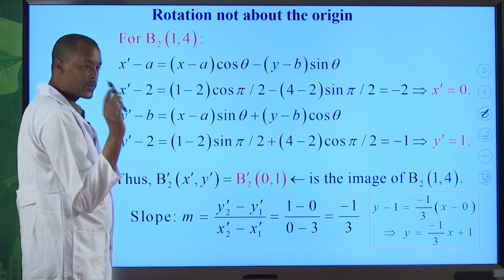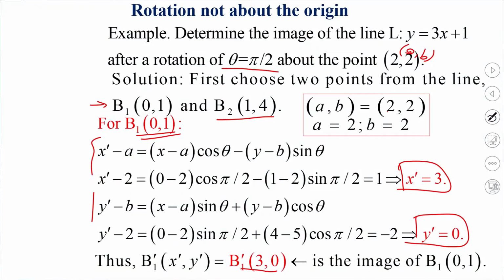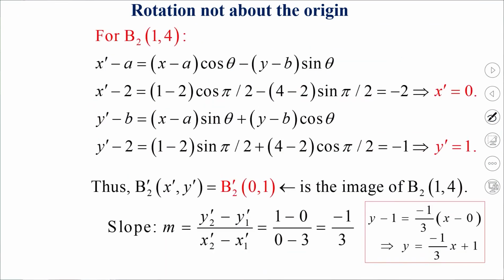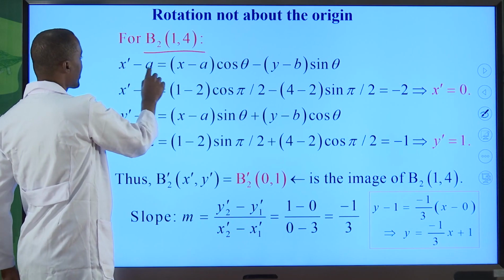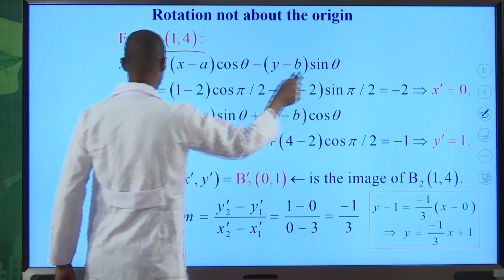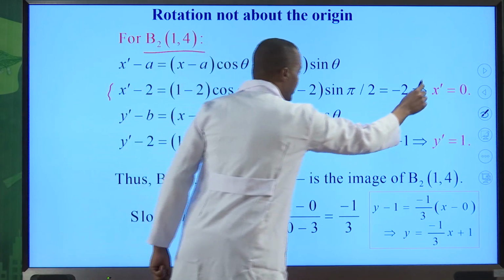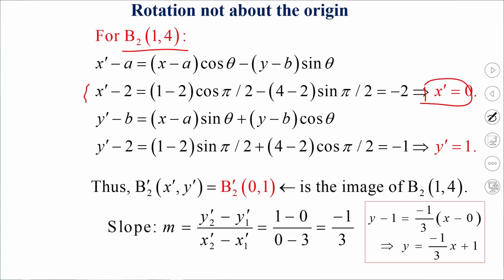Because we chose 2 points from the line, for one of them we already got (0, 1) after rotation becomes (3, 0). Now I am left with this point, that is (1, 4). I am going to make a rotation of it again. So for b2 of (1, 4), x prime minus a is (x minus a) cos theta minus (y minus b) sine theta, with direct substitution again, I will get x prime which is equal to 0.